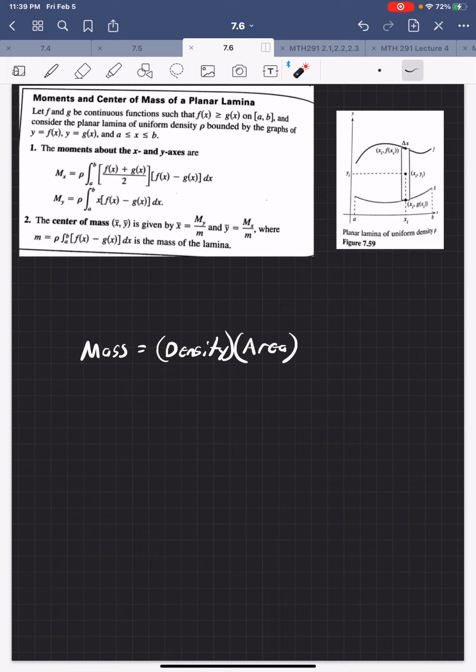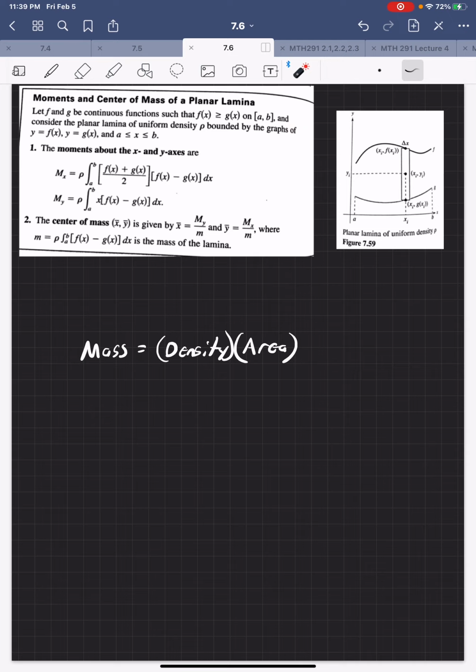Now, I agree with you that the majority of the objects in our 3D world are not uniformly dense. But the ideas that you're going to learn here are going to be refined if you happen to take me for Calc 3.